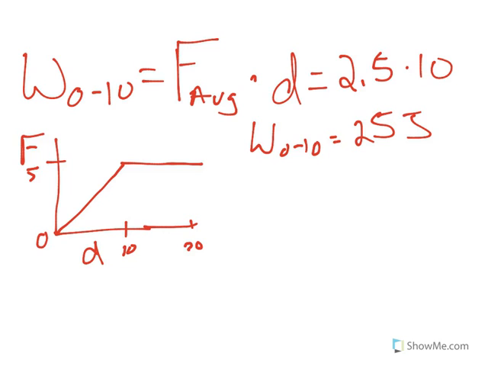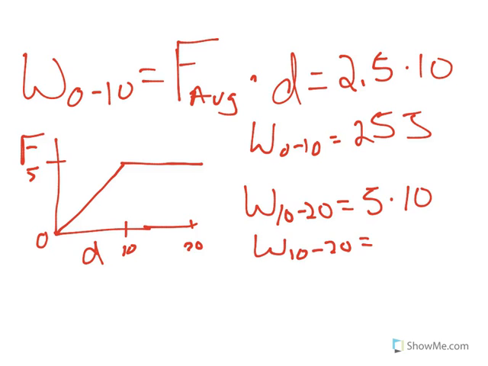The second question is, if the object starts from rest, how fast would it be going after 20 meters? This one's a little bit more complicated because now we have to figure out the work between 10 and 20. This one's constant, so it's 5 times another 10 meters. So the work from 10 to 20 is equal to 50 joules, which gives us a total work of 75 joules.